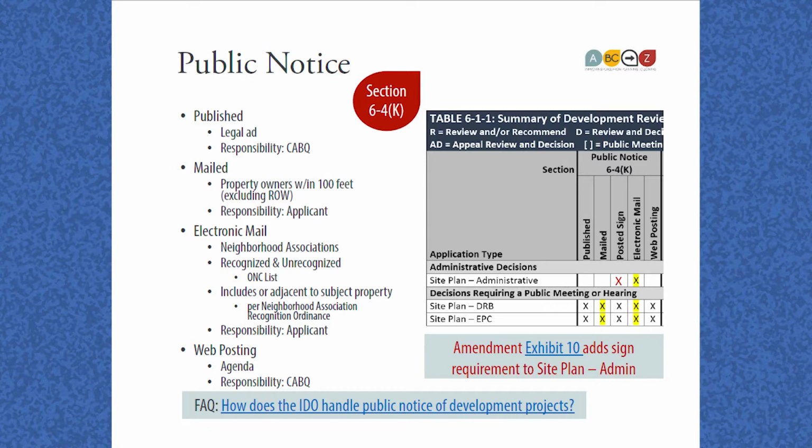So for example, the Office of Neighborhood Coordination keeps the list of neighborhood associations and recognized, unrecognized, homeowners associations, all those folks. They will continue to be the ones who keep that list. And so an applicant needs to go to the Office of Neighborhood Coordination to get the relevant list to send emails to, for example, when that's required, or mailing addresses.